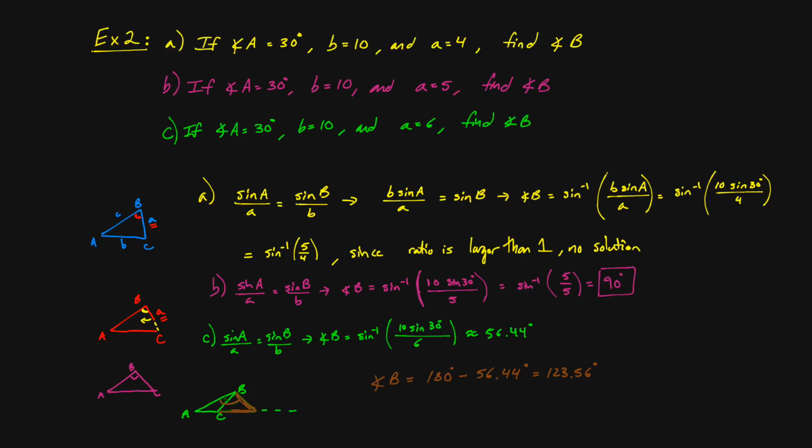So if we note and take count of these, I haven't really used blue, I'll just use blue here, and say that this one has no solution, this one has one solution, and this one has two solutions. And by solutions, we mean triangles, because we can make two different types of triangles.